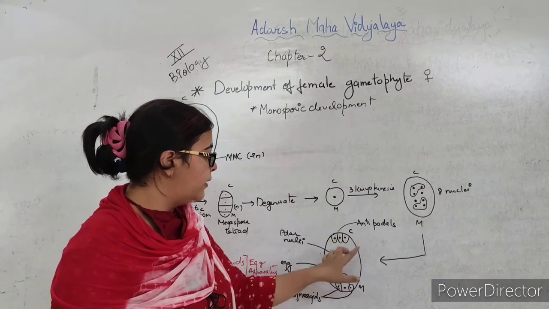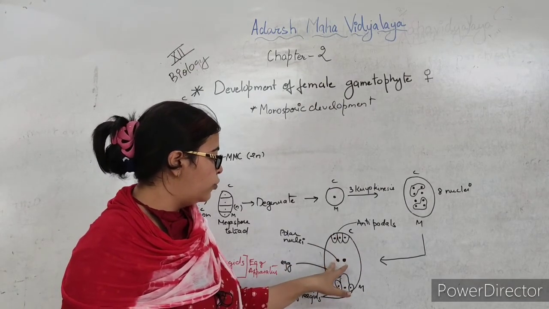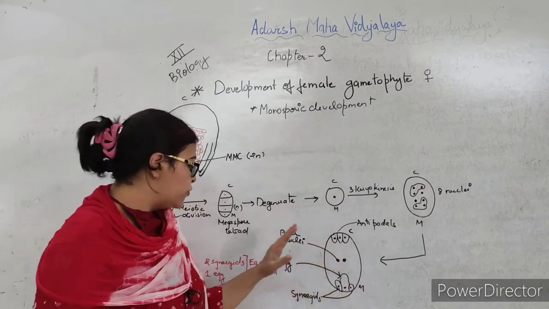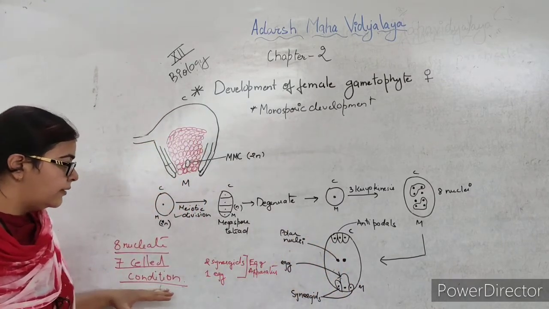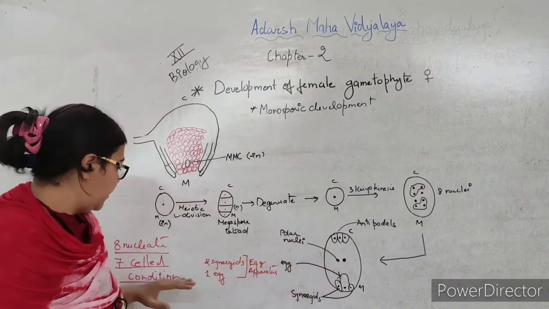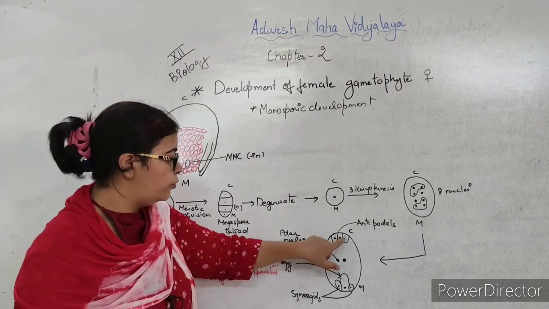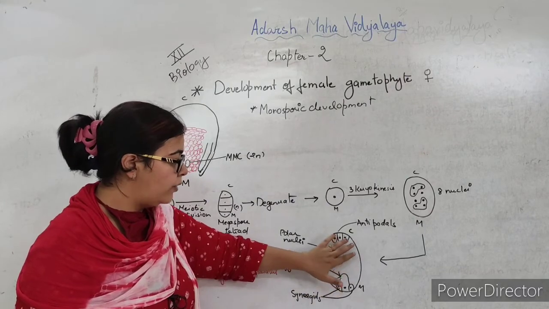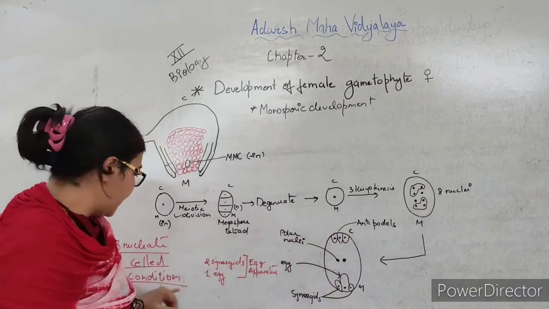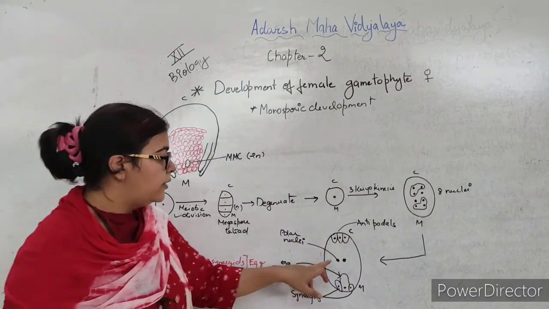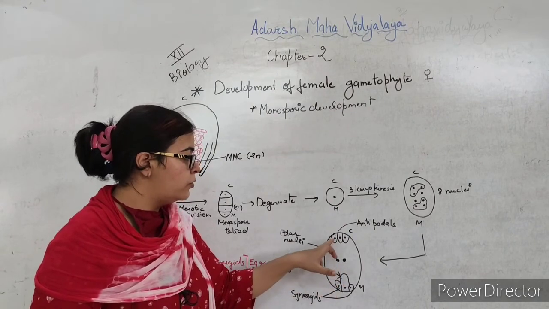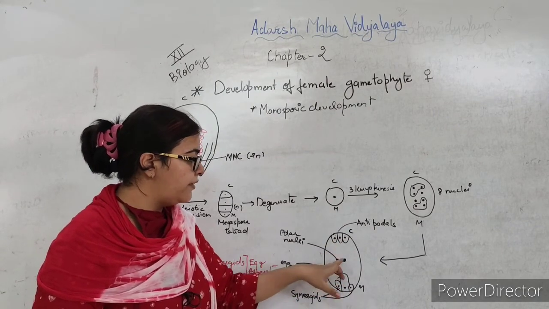And in the central cell there are 2 polar nuclei remaining.